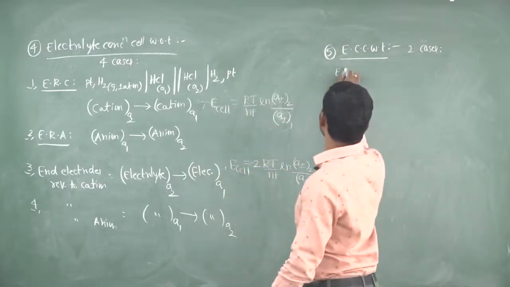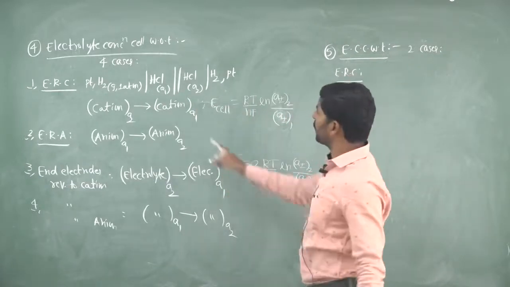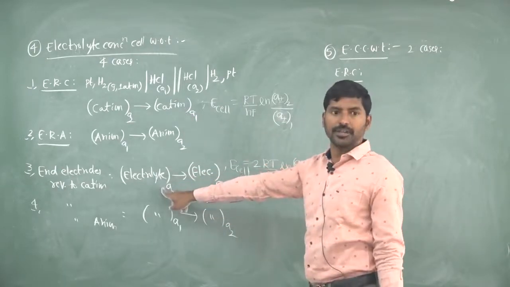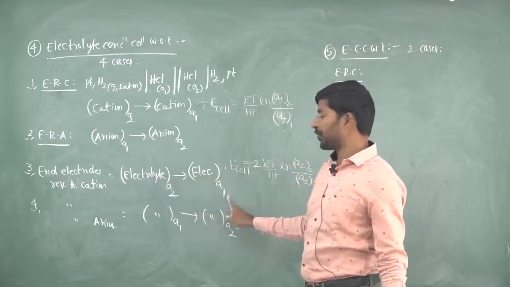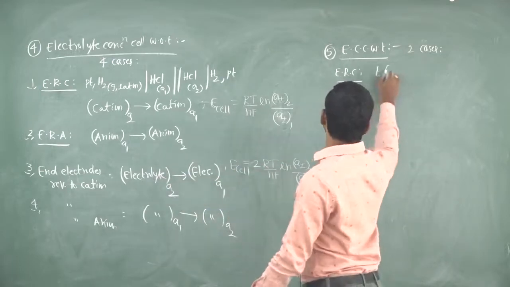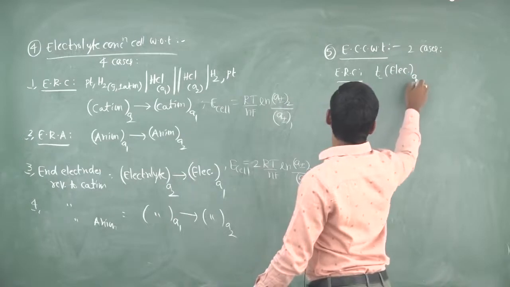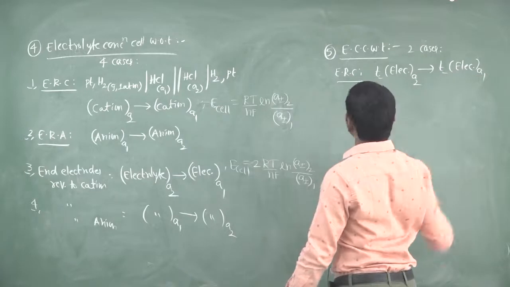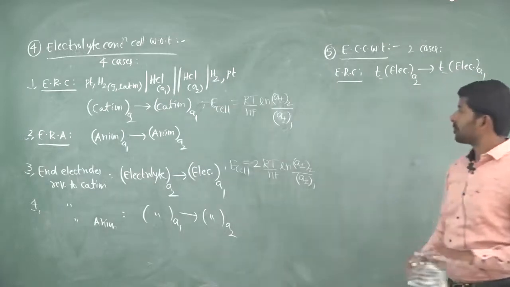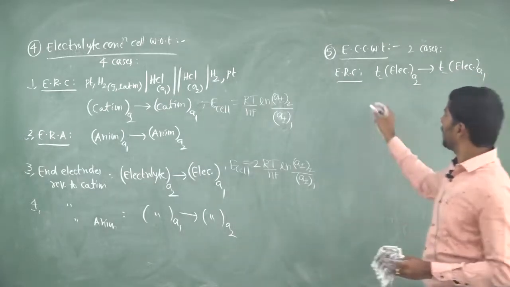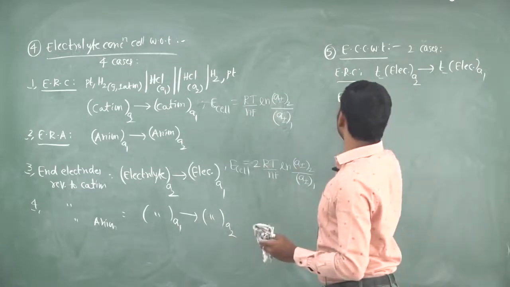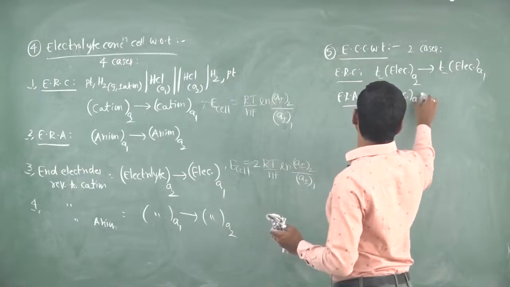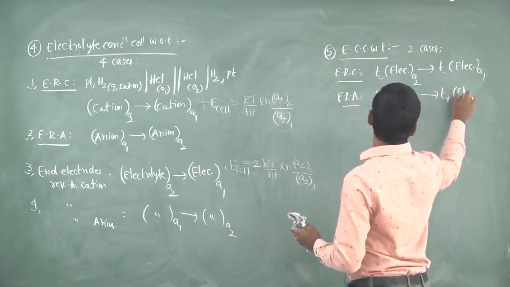If the electrode is reversible to cation, what is the reaction? t minus amount of electrolyte transfers from A2 to A1, A2 to A1 only. If the electrode is reversible to anion, t plus amount of electrolyte transfers from A1 to A2.